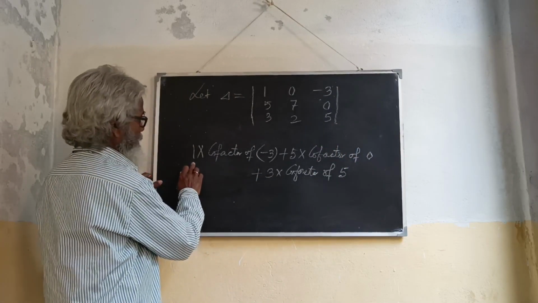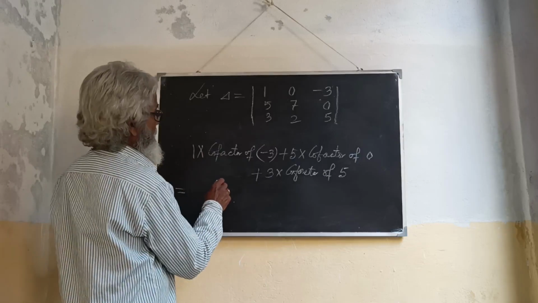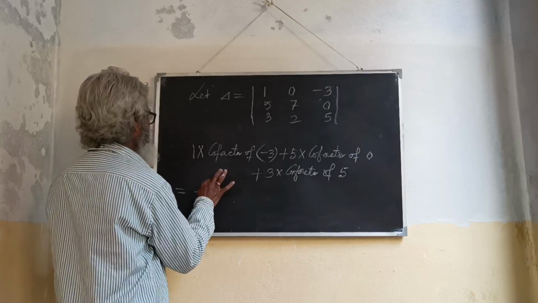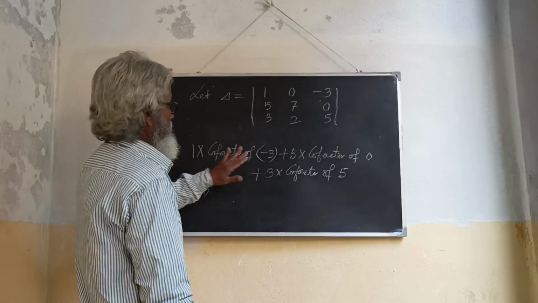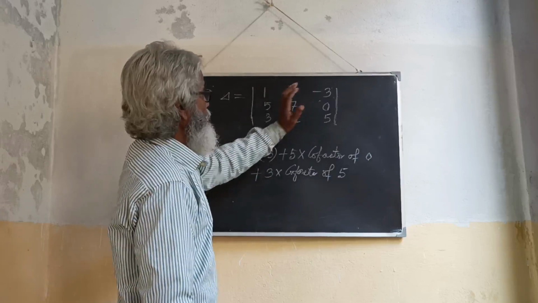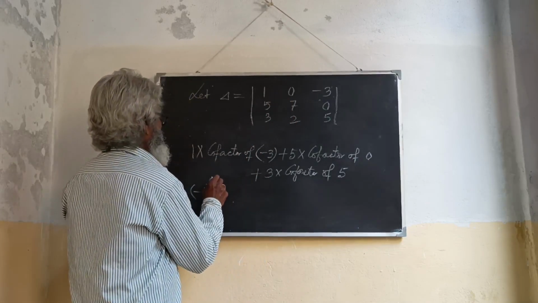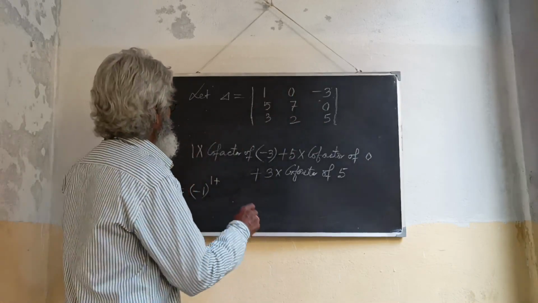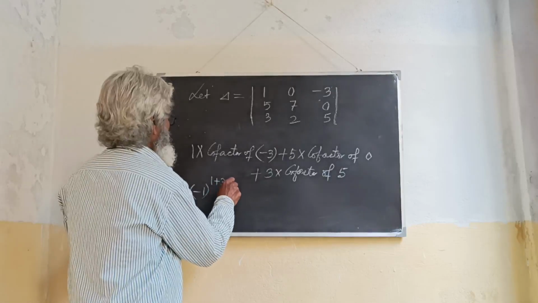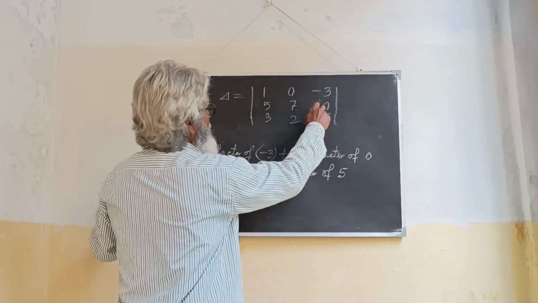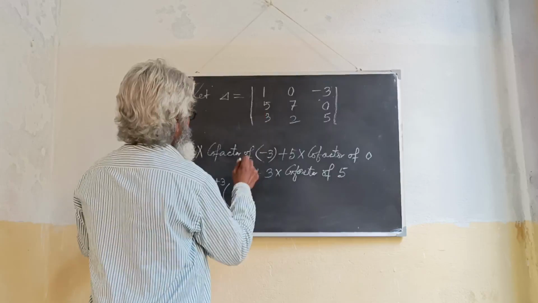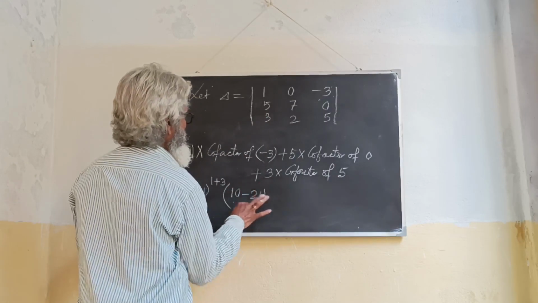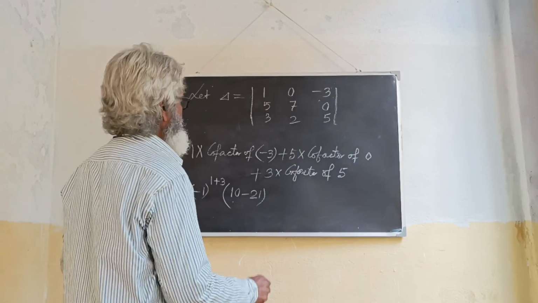This is equal to 1 into cofactor of minus 3: minus 1 whole to the power 1 plus 3, since the element minus 3 belongs to first row and third column, into 10 minus 21.